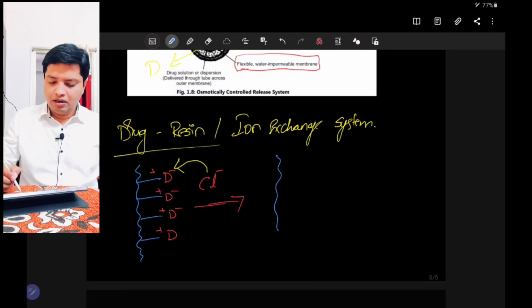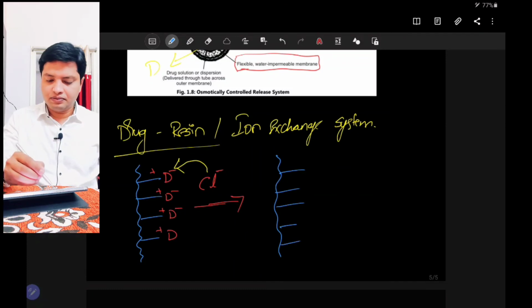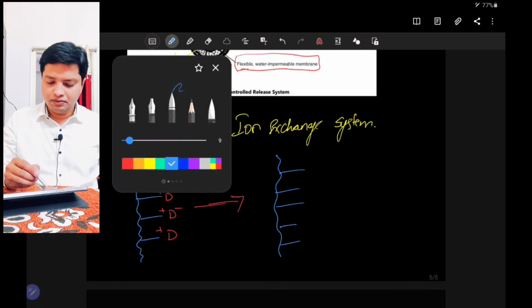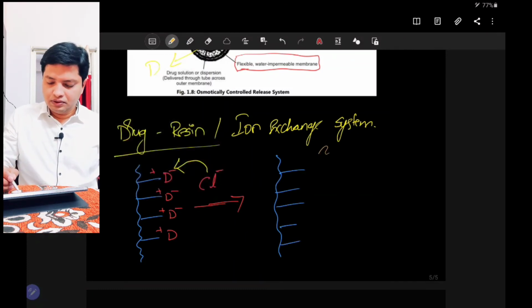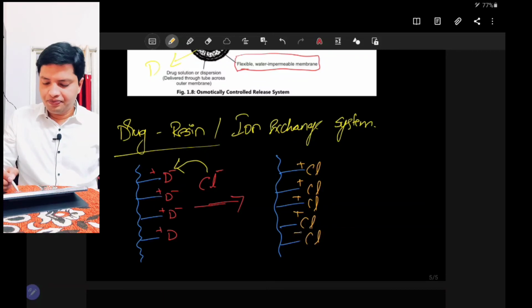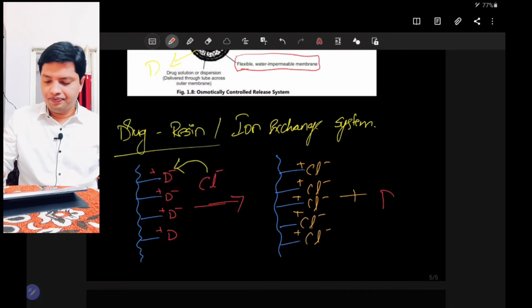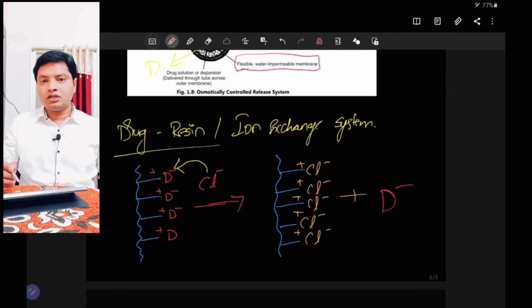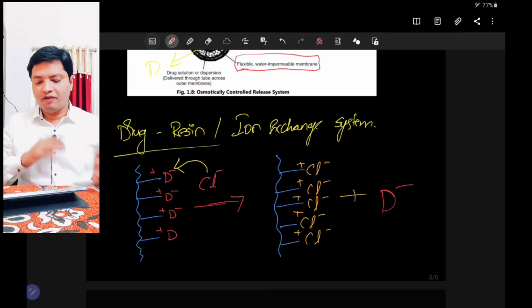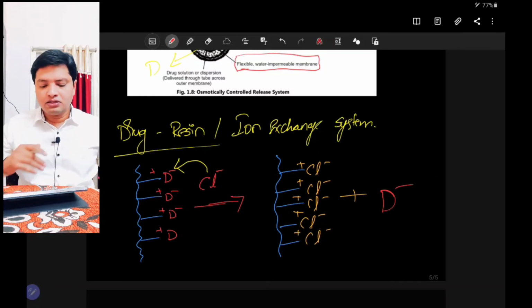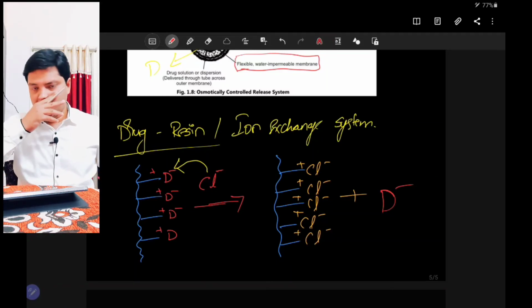Now what happens, the chloride will form a complex with the positive resin instead of the drug, and the drug will come out. So this process will take time. If we can control this process, the drug will be released in a controlled fashion.